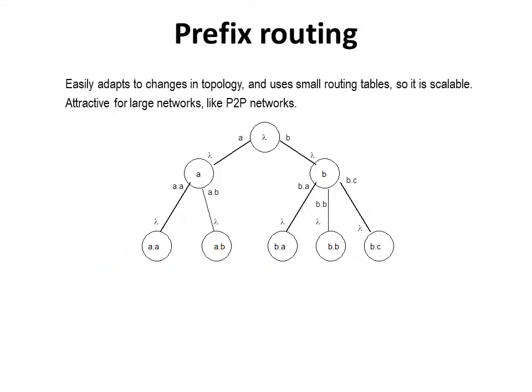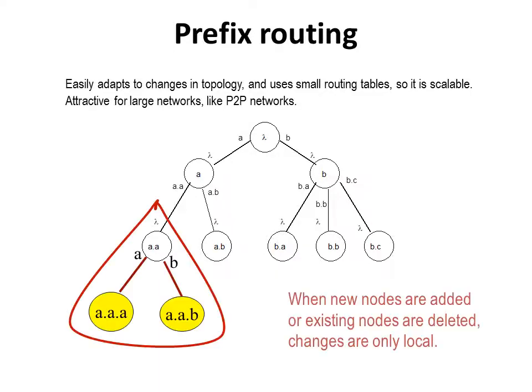Similarly, you should also expect a problem-solving kind of question from prefix routing, where you're basically given a tree, and let's say another node has to be inserted into the tree, then you should know where exactly the node fits into the tree.